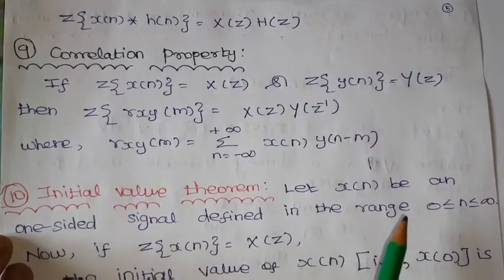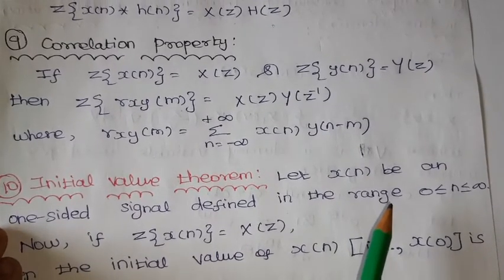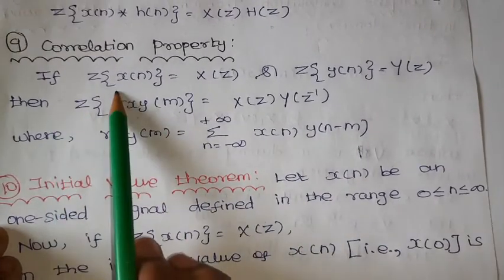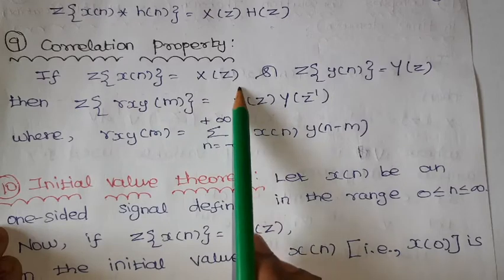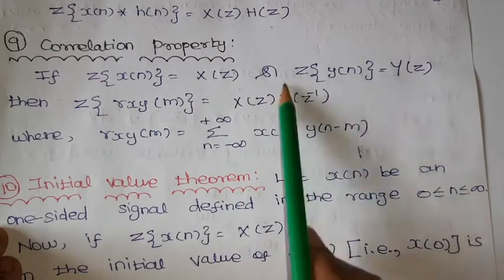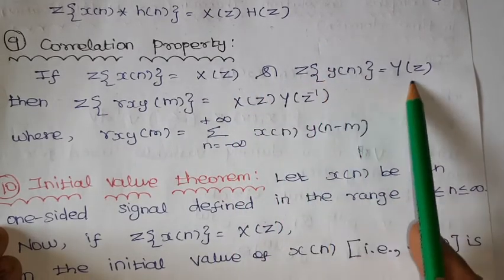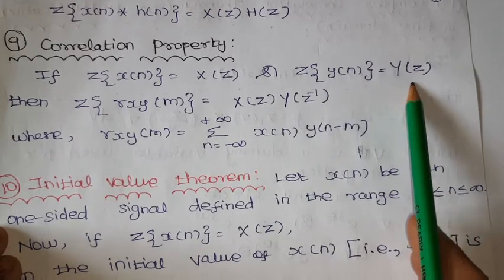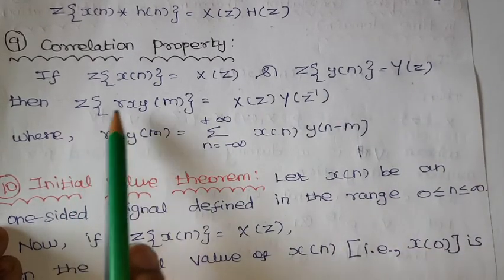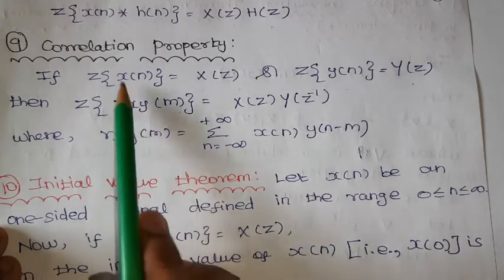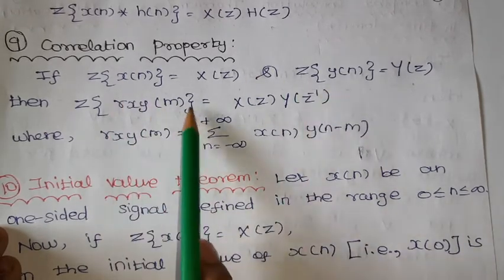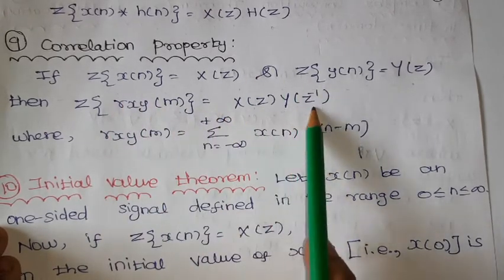Next, coming to the correlation property. What is the correlation property? If the z transform of x of n is equal to X of z and the z transform of y of n is equal to Y of z, then the z transform of the correlation of two different sequences, rxy of m, is nothing but X of z into Y of z inverse.